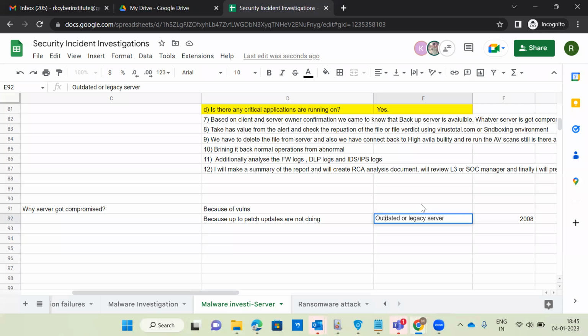This is what happened in 2013 when I was working at so-and-so company. We were using a 2008 server that was facing the internet. On top of it, critical entertainment-related applications were running. Approximately 50,000 employees all over the world were accessing that particular application.